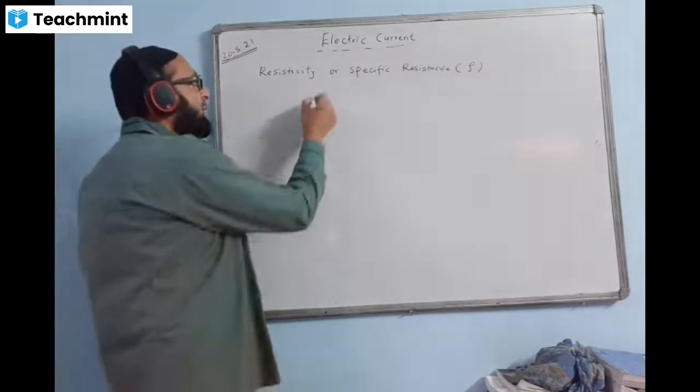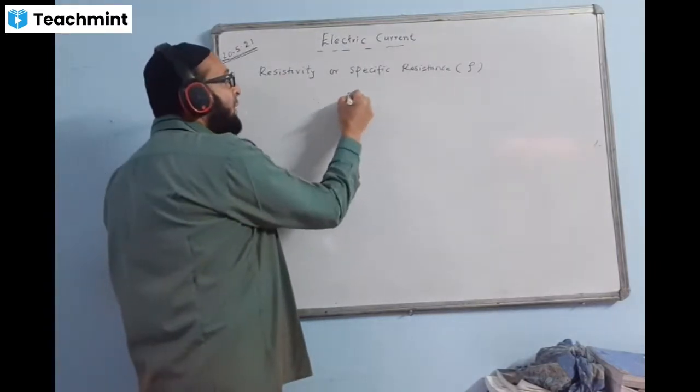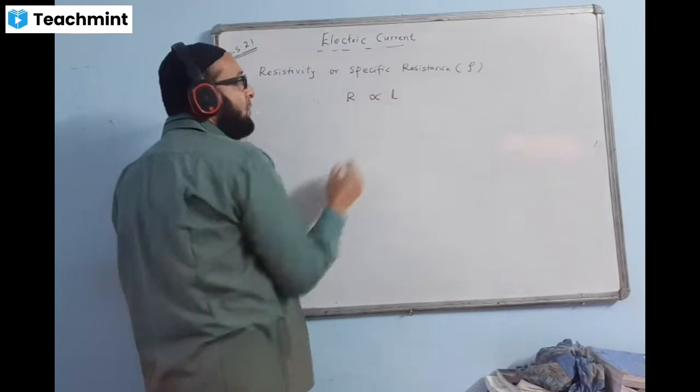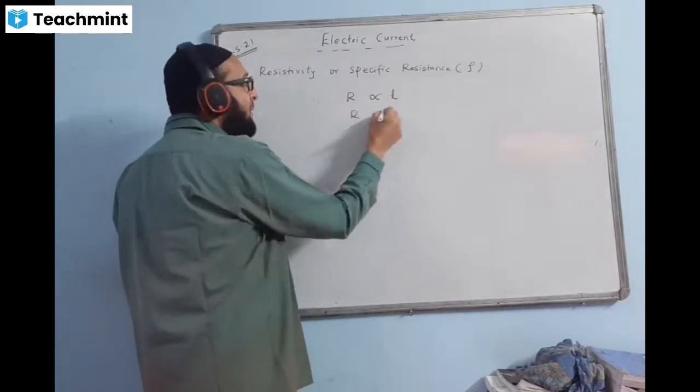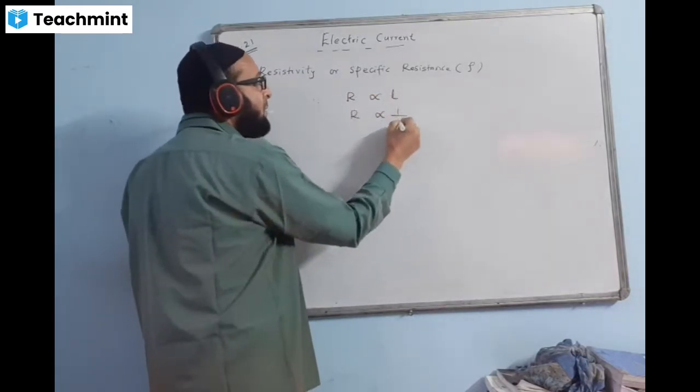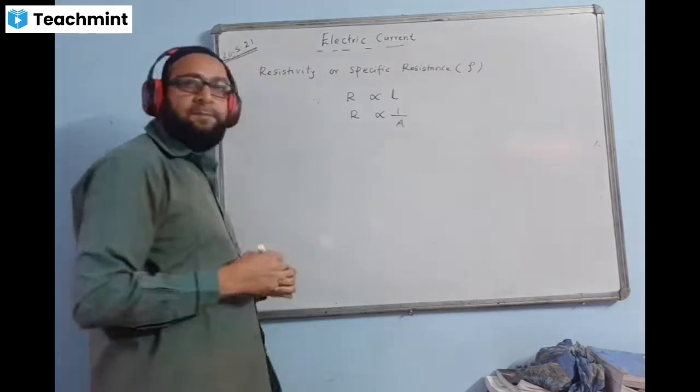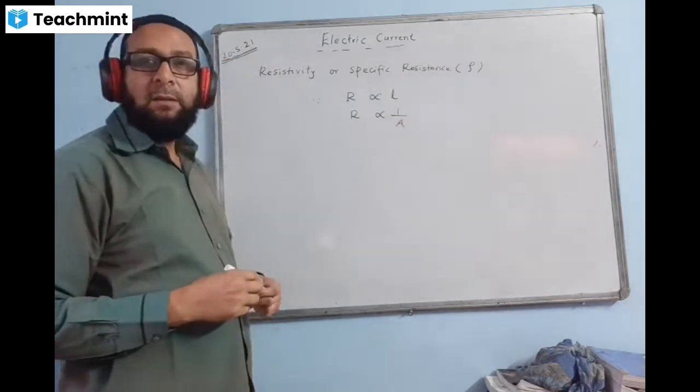Since the resistance of a conductor is proportional to length and inversely proportional to the area of cross section, isn't it? We know this fact.